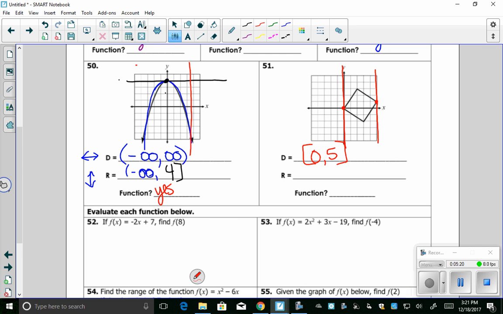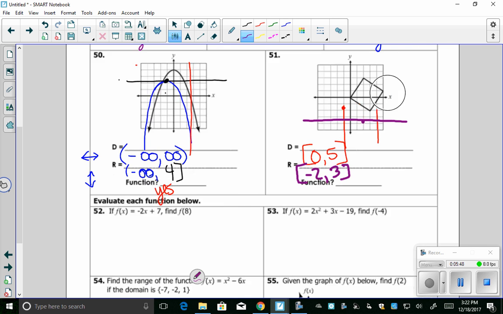Therefore, it's going to be bracket, bracket. Range. The lowest point on the graph is here, and the y value of that function is -2. The highest point on the graph is here, and that y value is 3. It touches. So it's going to be bracket, bracket.